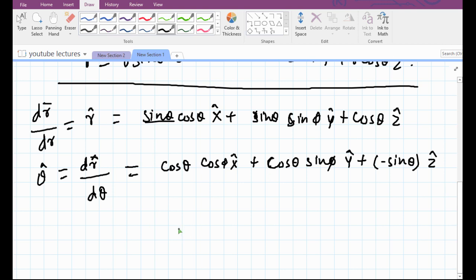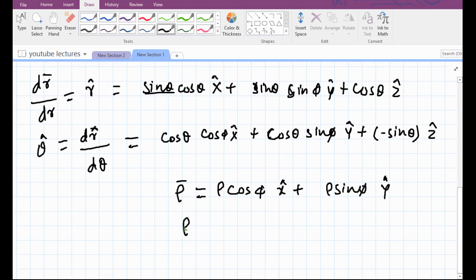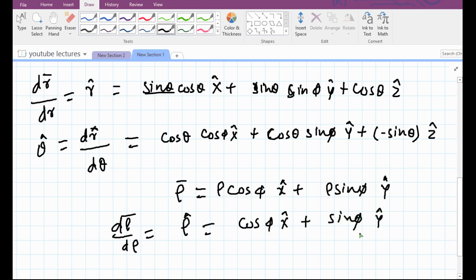Now what happens to the rho vector? Since the rho vector is given by rho cos phi x hat plus rho sin phi y hat, simply d rho vector by d rho gives me rho hat, and it's cos phi x hat plus sin phi y hat.